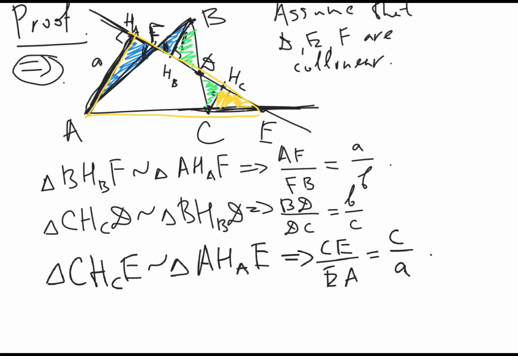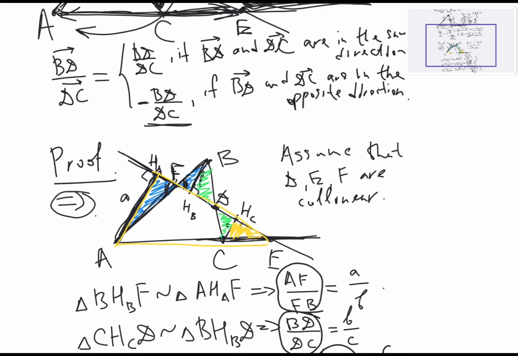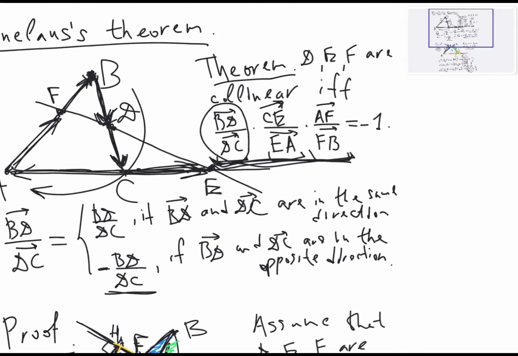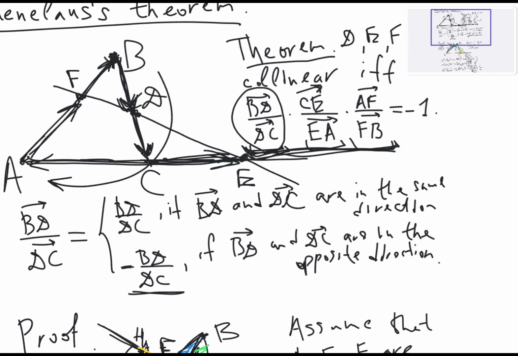And so notice that these ratios, this and this, are exactly the ratios that we need, only without signs. So exactly these three ratios that we need.